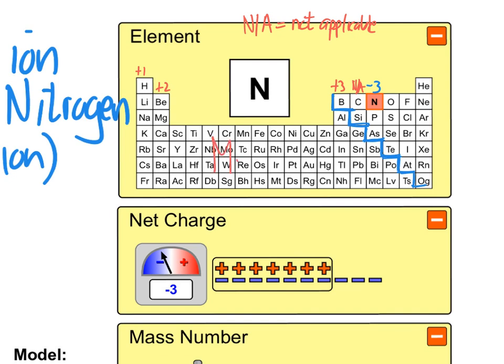On the left-hand side, we have metals. On the right-hand side, we have non-metals. And around here, we find some really interesting elements that sit on the boundary of metals and non-metals. They are known as metalloids.